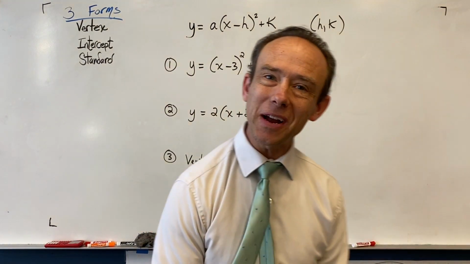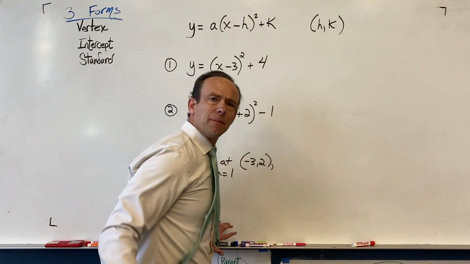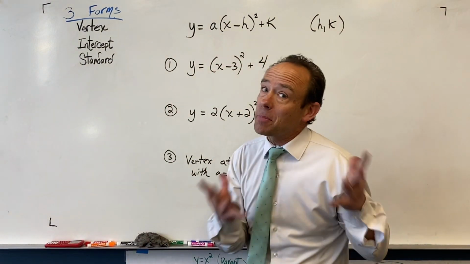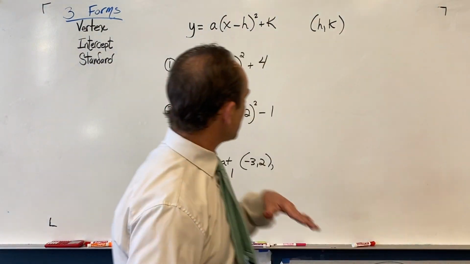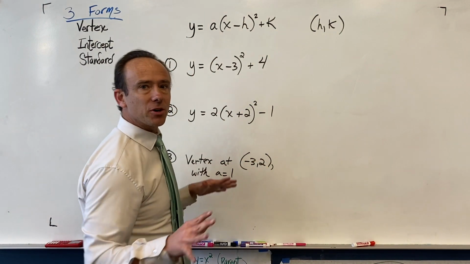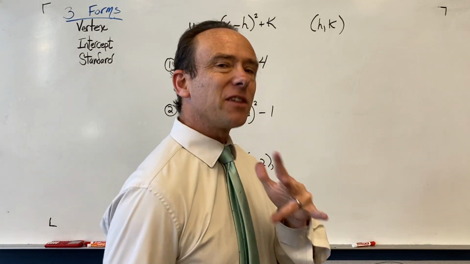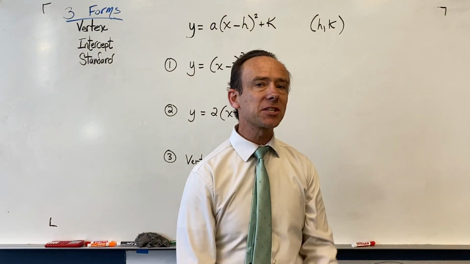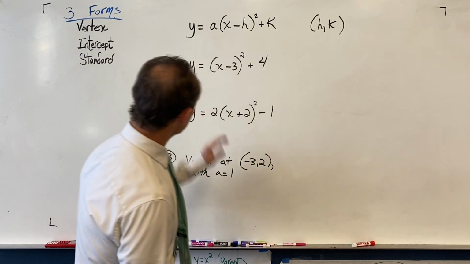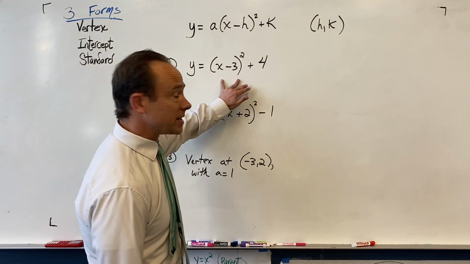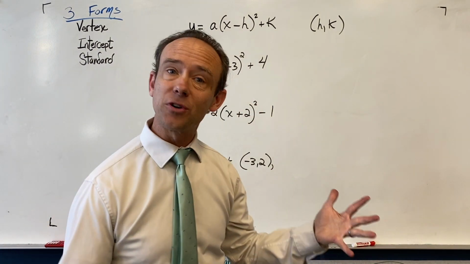Okay, well, I think we're ready. So quadratics are a lot about mathematical structure. It's about seeing the shape of the equation, the shape of the function, and from that shape, determining characteristics of the parabola. So this is a critical shape, and it's called vertex form.